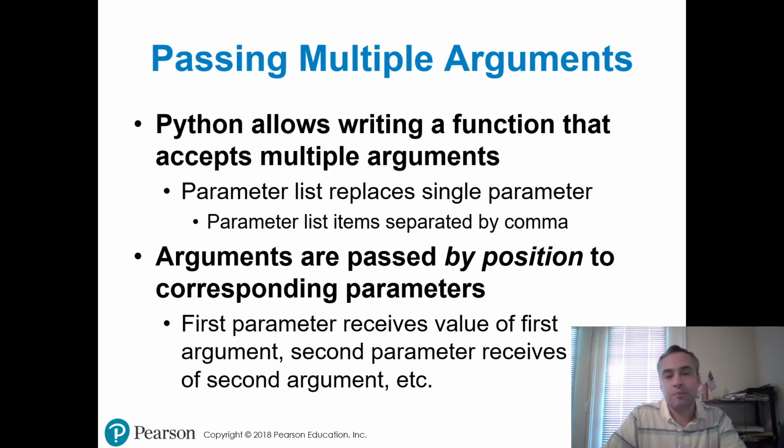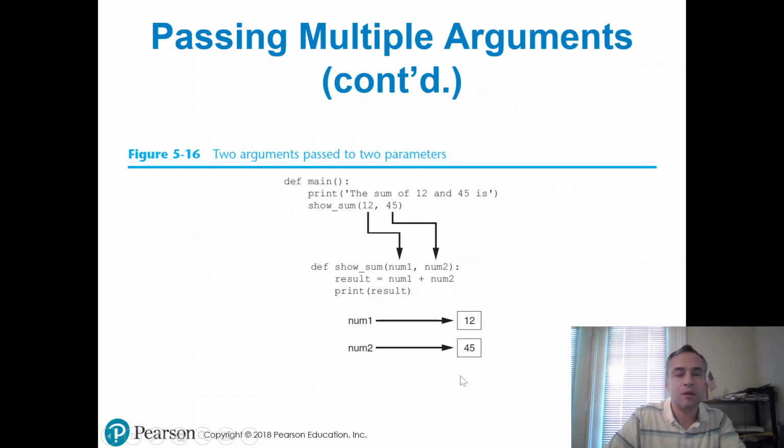Yes, you can pass multiple arguments into a function, and one way to do that is to pass them by position. So the first parameter receives the value of the first argument, the second parameter receives the value of the second argument. Okay, so this is a function with two arguments.